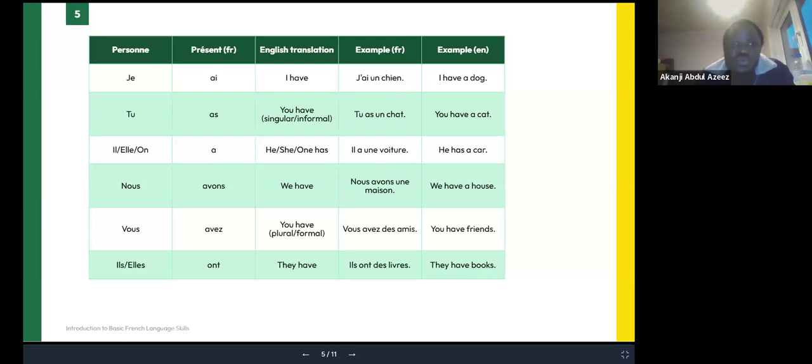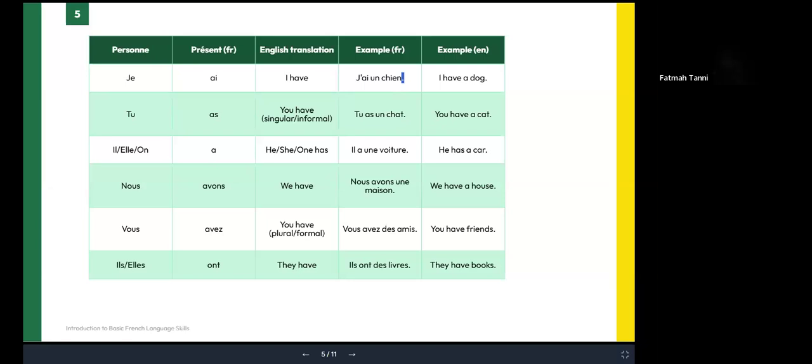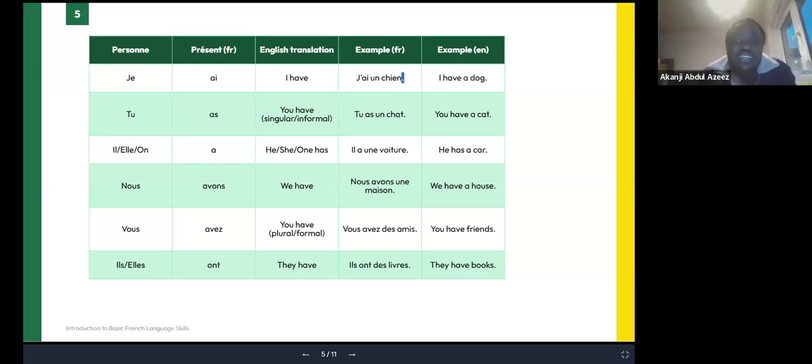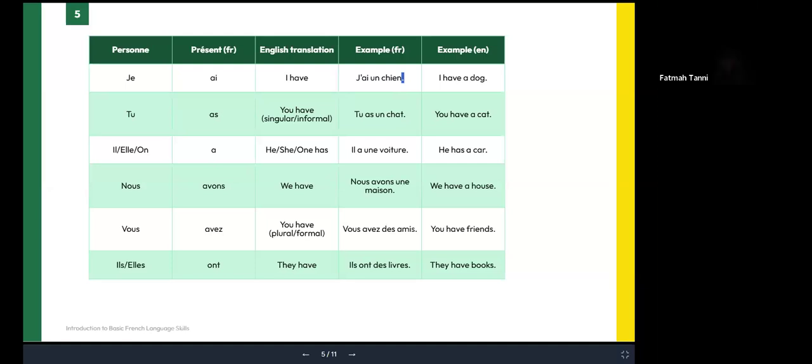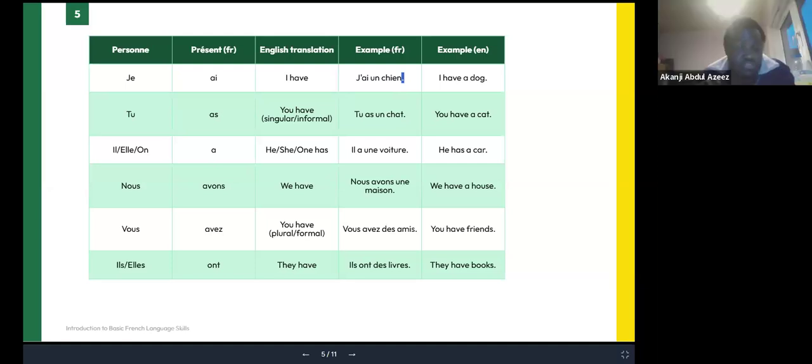With the dog, you put une chienne, pronounced with ne. Un chien, une chienne. You need to put another n and e at the end of chien. Which means that a female dog is chienne, and a female cat is chatte. So elle a une chatte. She has a cat. Understand?